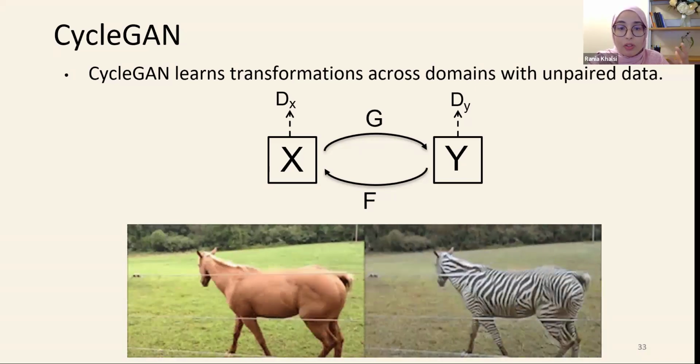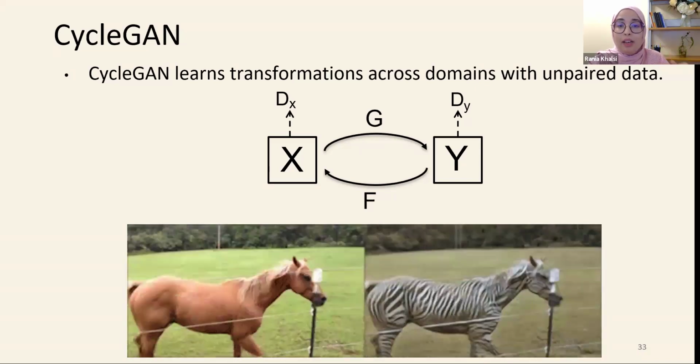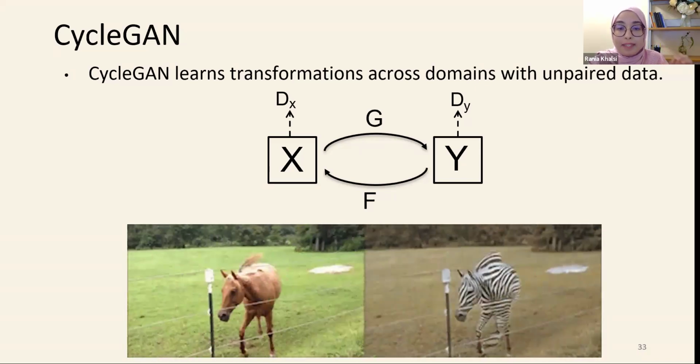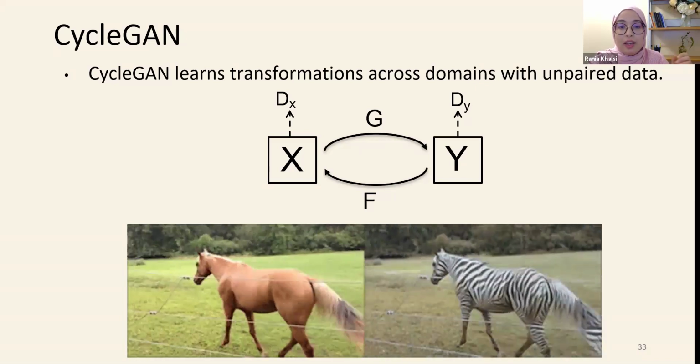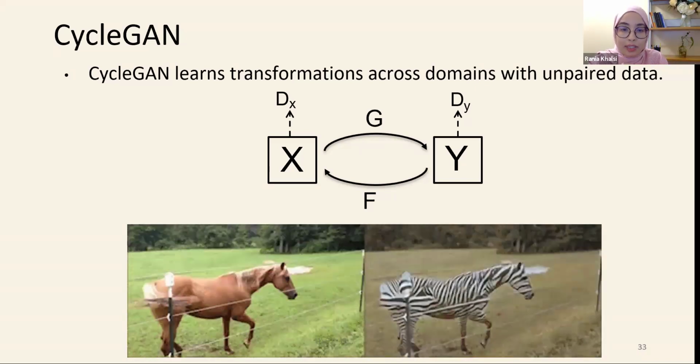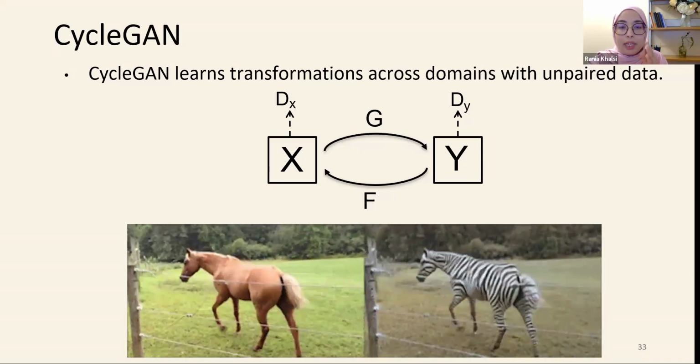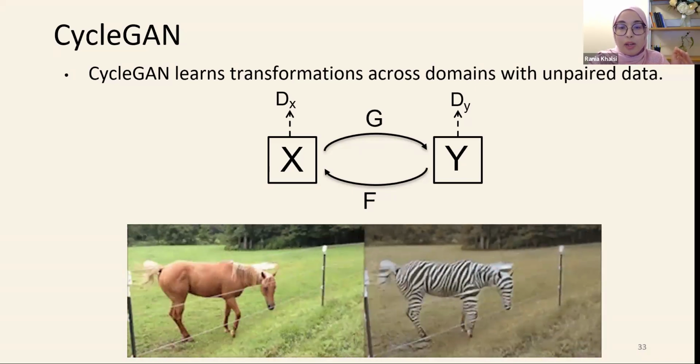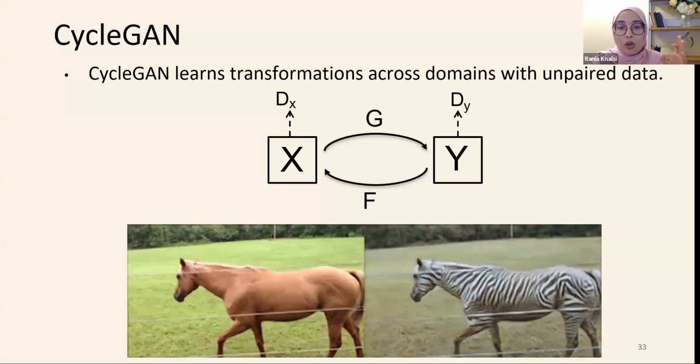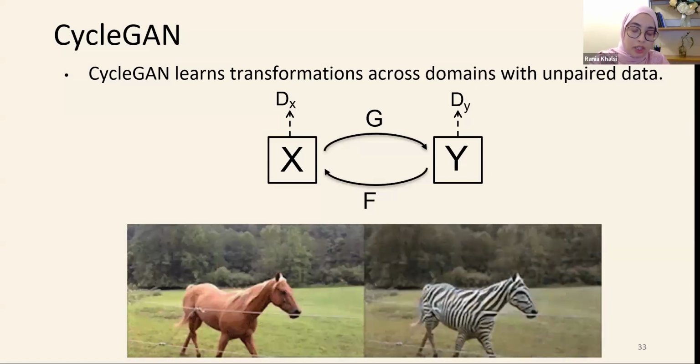The key idea is cycle consistency, which means if you transform an image from domain A to B and then bring it back from B to A, you should recover the original image.